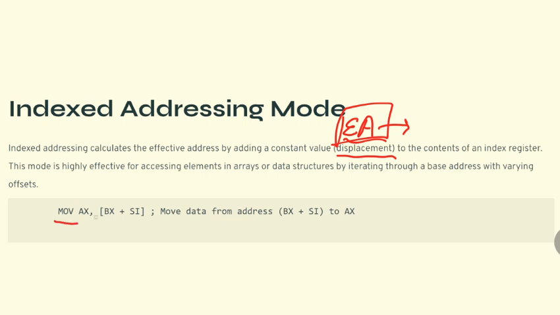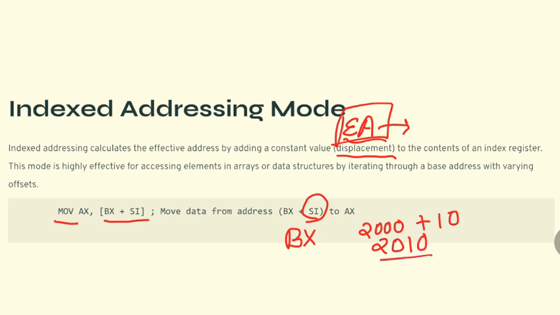Suppose here I have move ax comma bx plus si. In bx I have, let us say, 2000, and the displacement in SI is 10, so ultimately it will give us 2010.